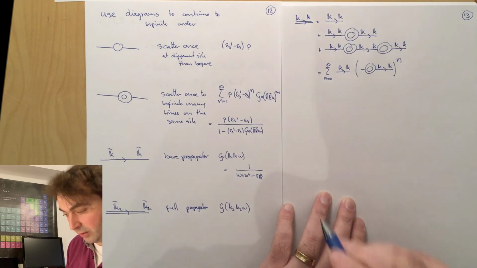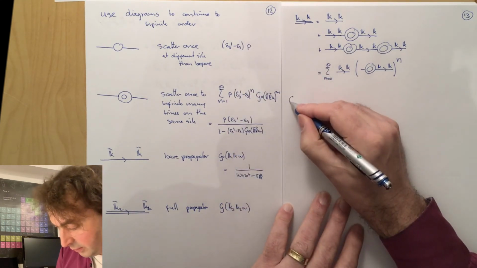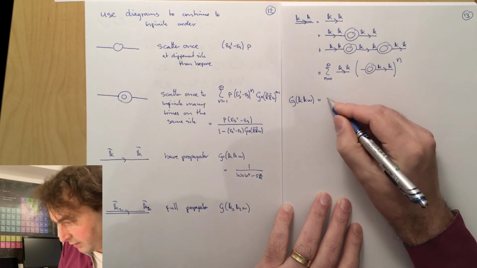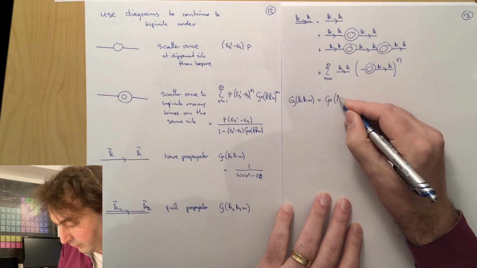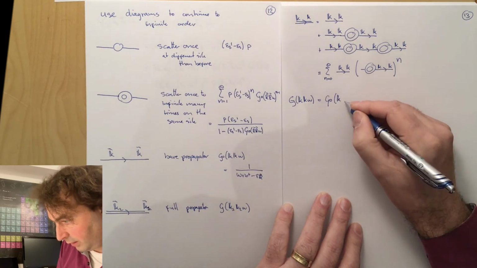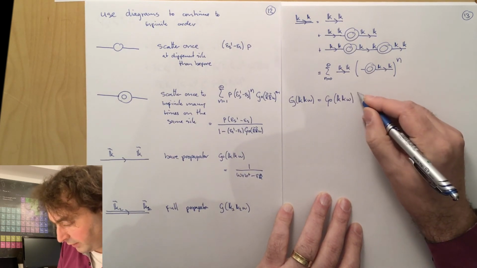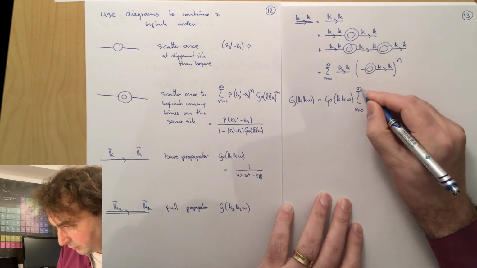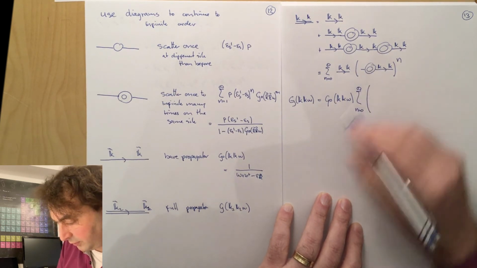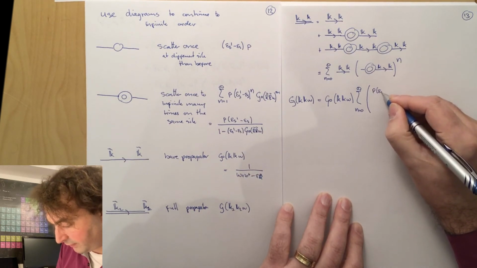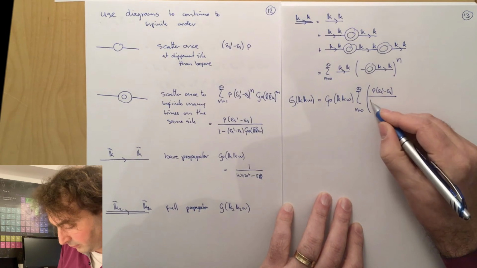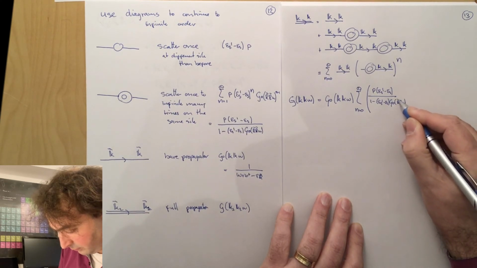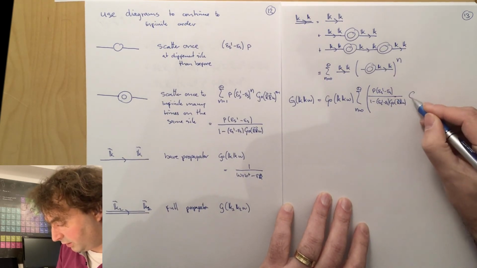We can now insert back our equations to see that our full propagator is given by G0 k omega times the sum, I can take this one outside of the sum, n is 0 to infinity of scattering 1 to infinitely many times on the same site times the bare propagator.